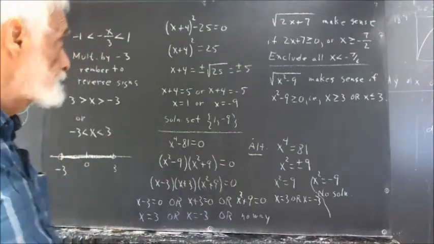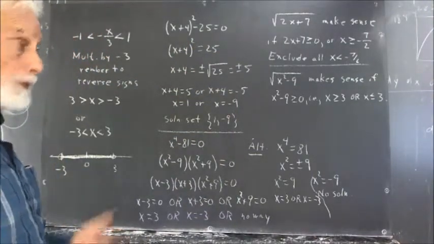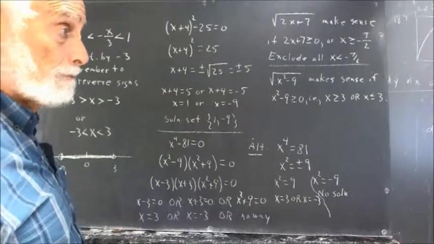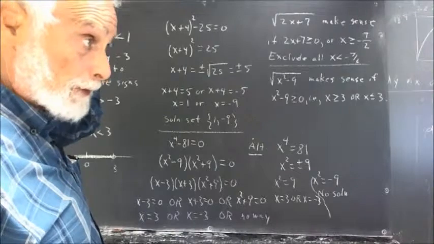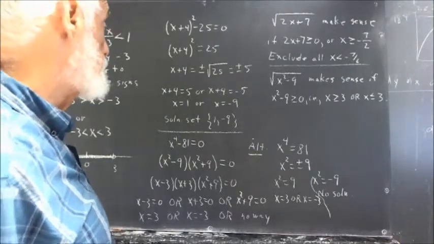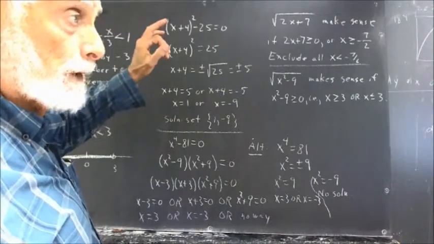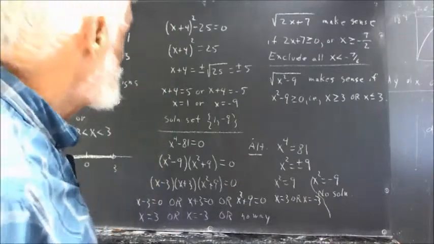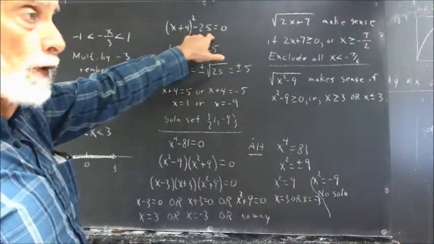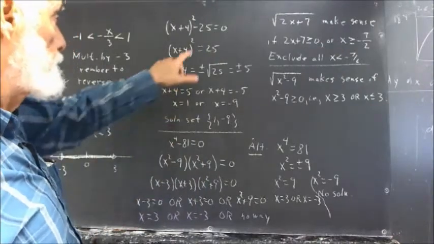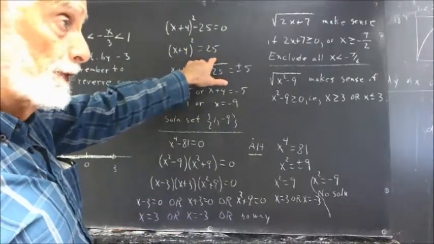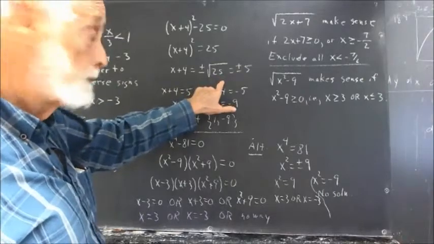Well, one way you could do this is go ahead and expand this, and then having expanded it, you could try to factor it, or you could use the quadratic formula. It would factor, and the quadratic formula would work just fine, but we can solve it in this form somewhat more easily by simply adding 25 to both sides and then taking the square root.